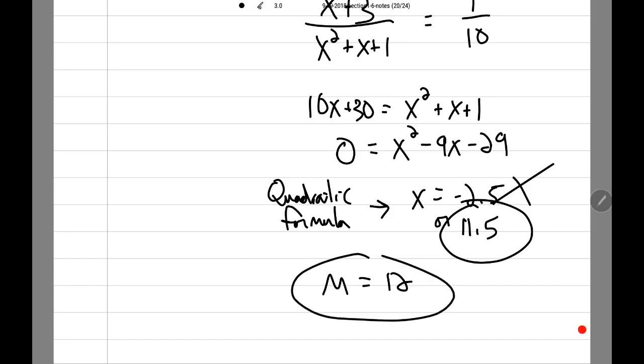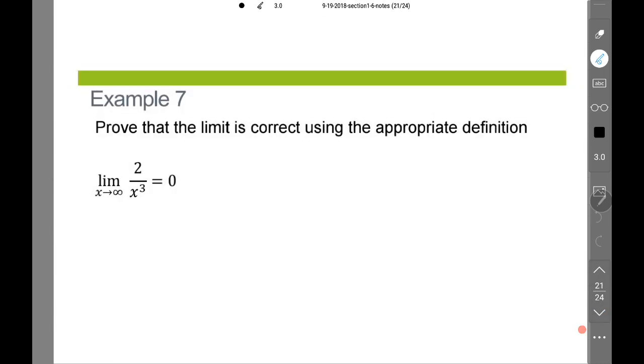My number m would have to be bigger than that, so let's go ahead and just say it's 12 to have an even number, and that would guarantee that we are above where we're going. Alright, if you get past 12 on this function, it guarantees that that limit is equal to 1.